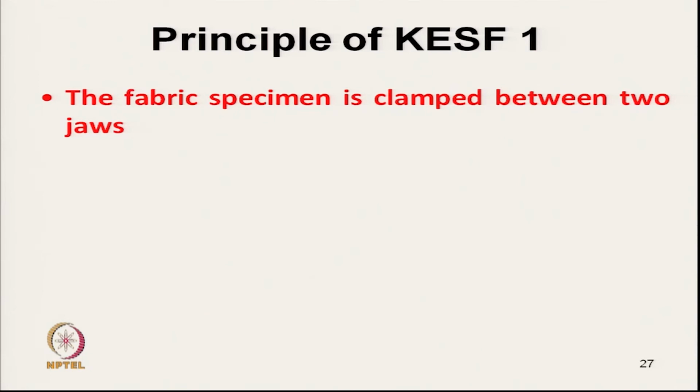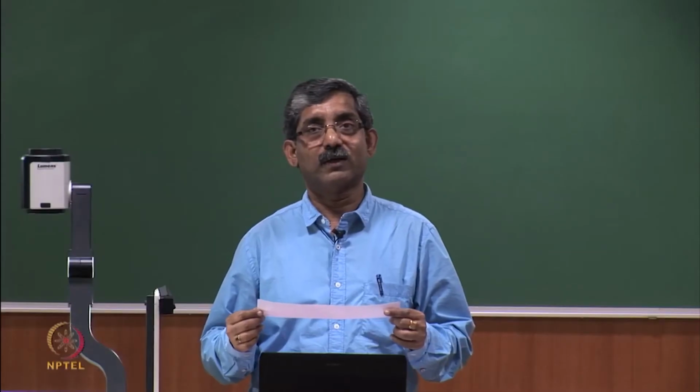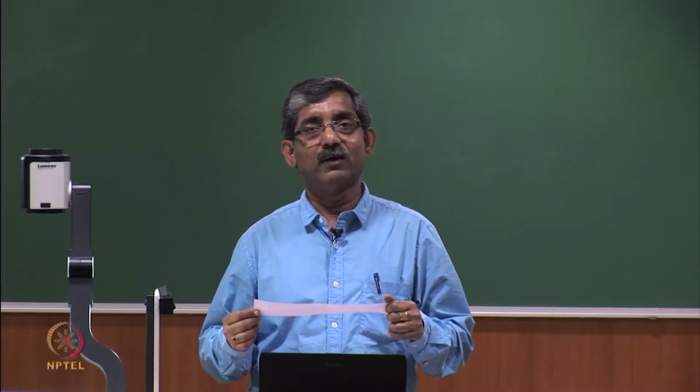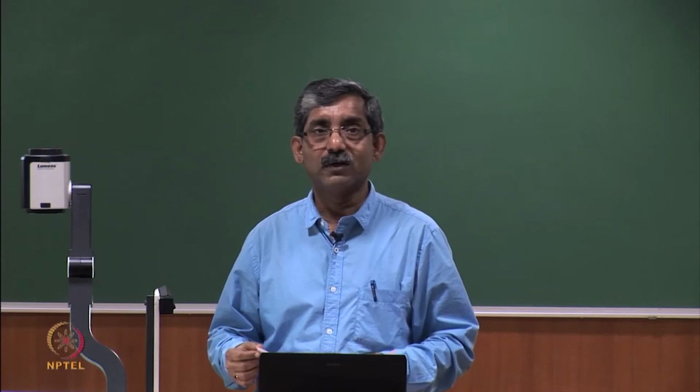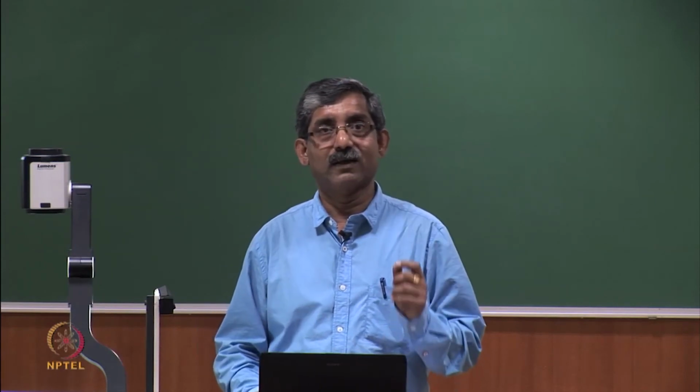The fabric specimen is clamped between 2 jaws. For any tensile characteristics we need 2 jaws. Here similarly, we have 2 jaws for clamping the fabric.